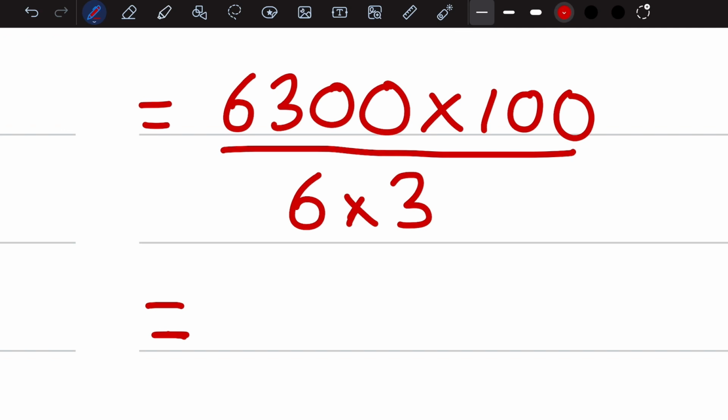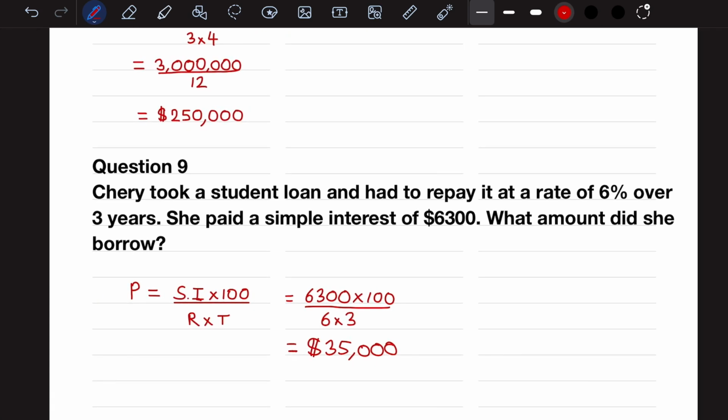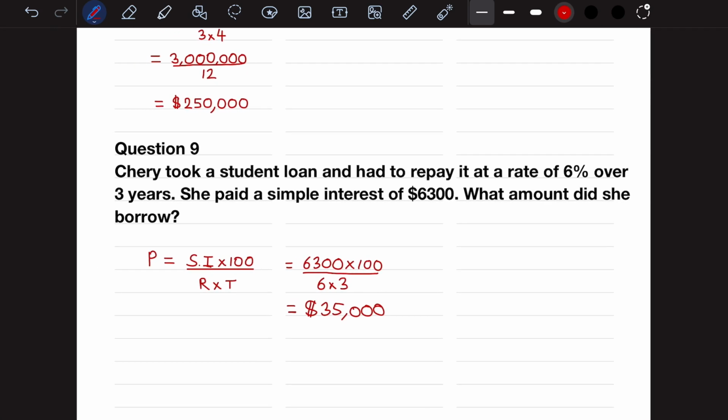So 6,300 multiplied by 100 divided by 18. That will give us $35,000. So the principal amount is $35,000. Right, so the student loan at Shelter was $35,000.